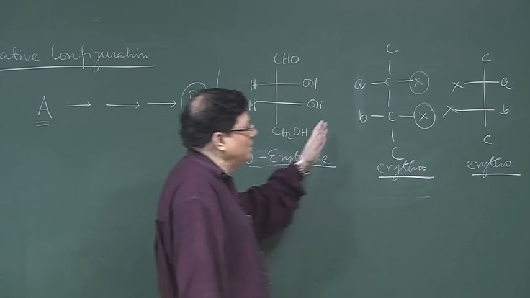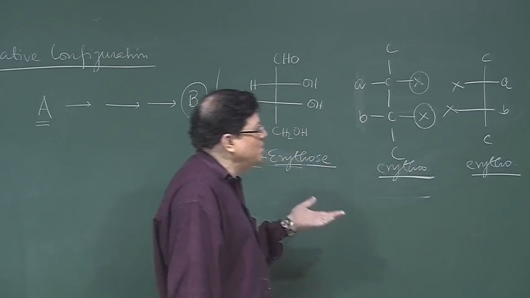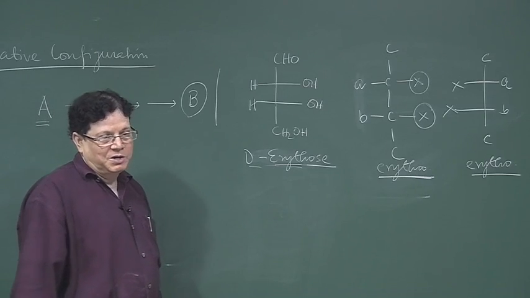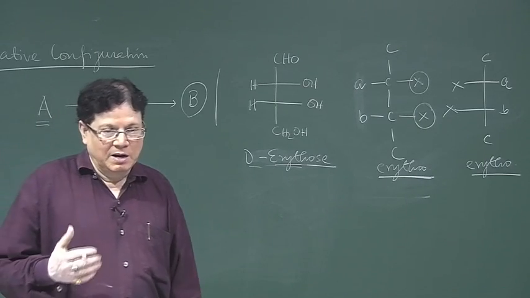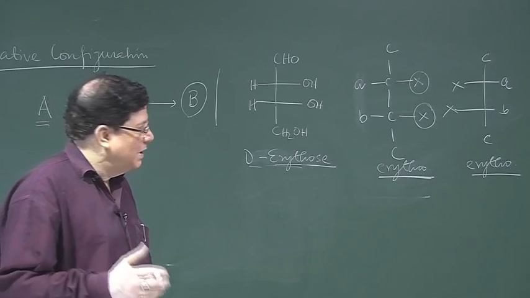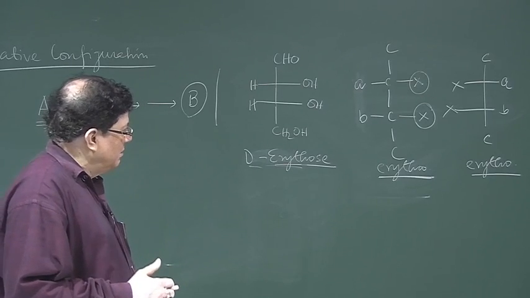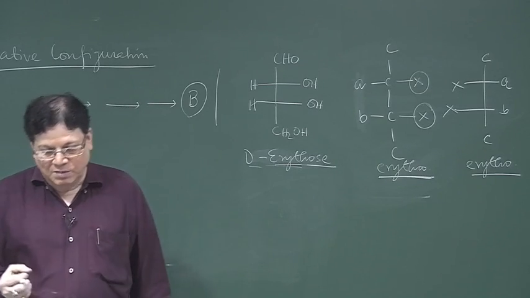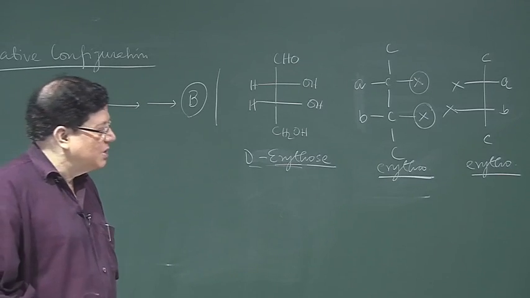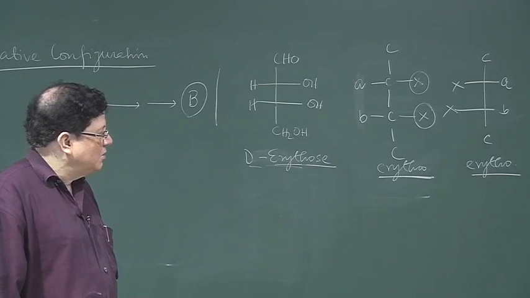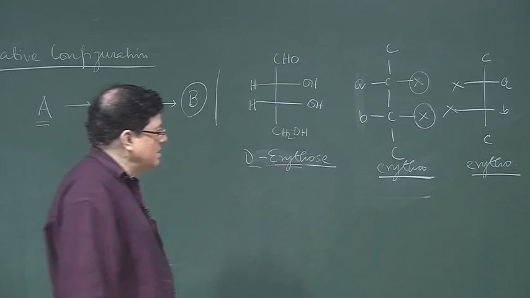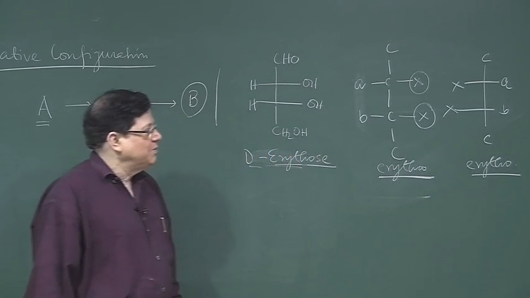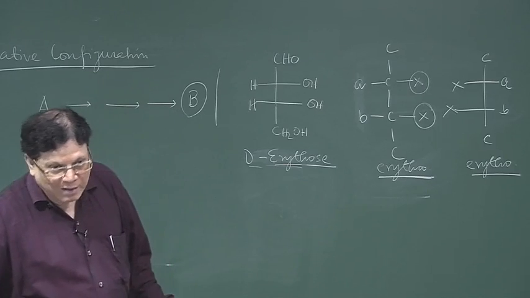That is why relative configuration is such an important concept in stereochemistry, because most of the time we determine the relative configuration and not the absolute configuration. But nowadays, X-ray crystallography has much more power; crystal solving is becoming easier, more routine. So, absolute configuration can be determined for molecules, but in many cases in organic reactions, we have to describe the stereochemistry in terms of relative configuration. That is why I am spending more time on this.